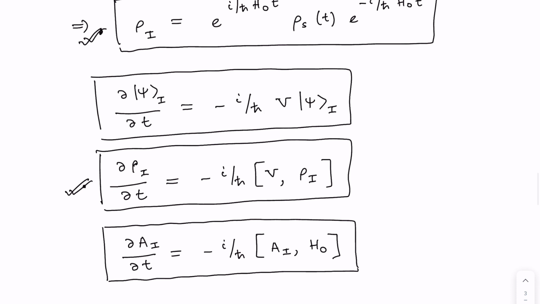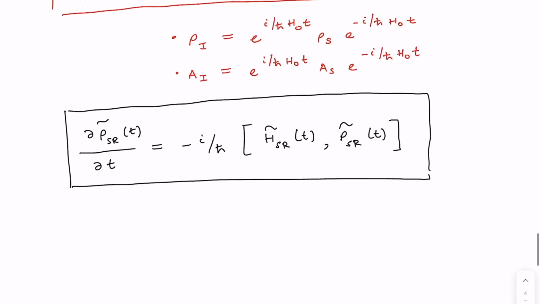As you can see, this is the equation as I have said. Please note this equation down. Here V is the interaction Hamiltonian, and for our case the interaction Hamiltonian for the system reservoir is this one. So this is going to be our key equation, and this is basically the basis of the derivations that we are going to do now.